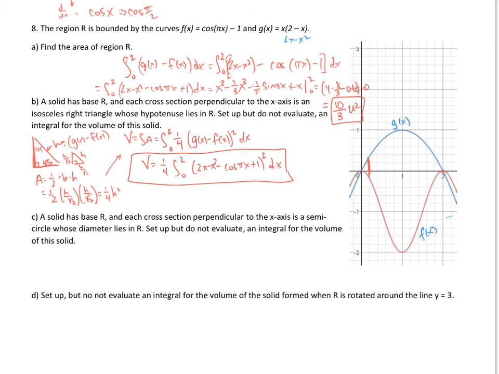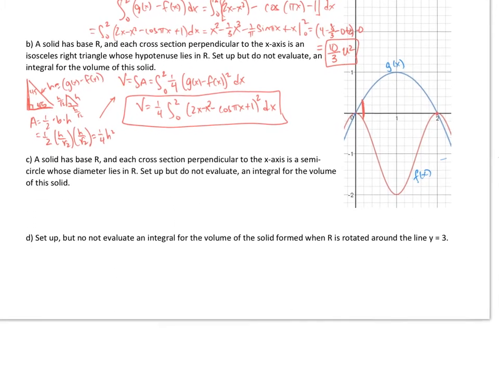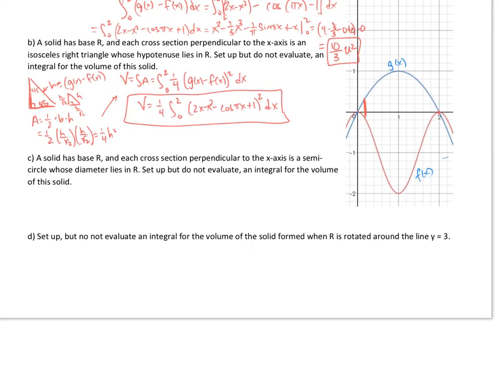All right, for part C, we have a solid whose base is R, and the cross-sections perpendicular again to the x-axis are a semicircle, whose diameter lies in R. So this time we've got these semicircles, and these are the semicircles coming out like this at you.